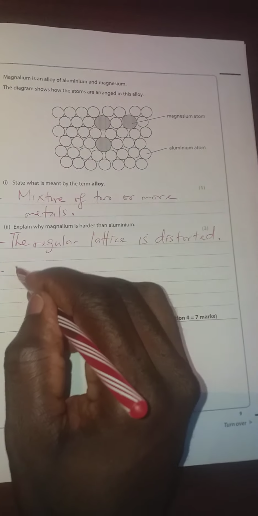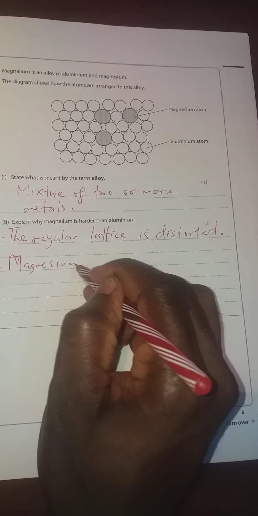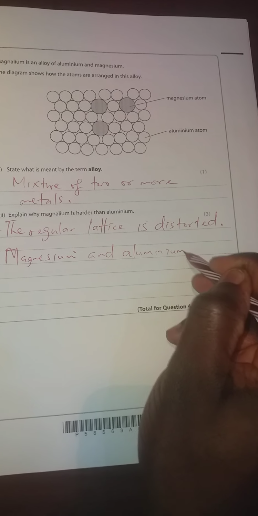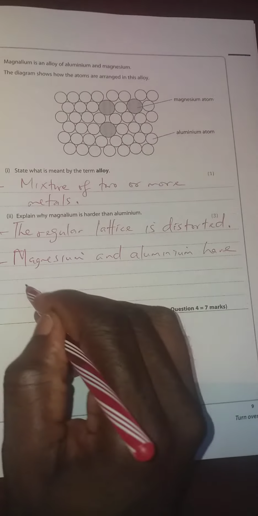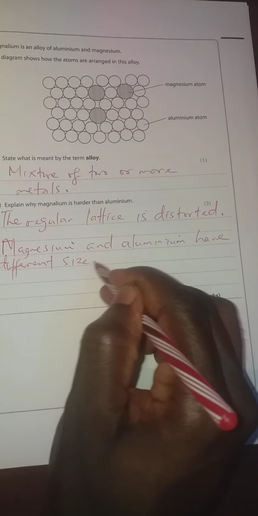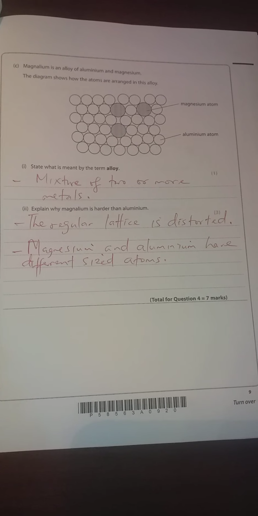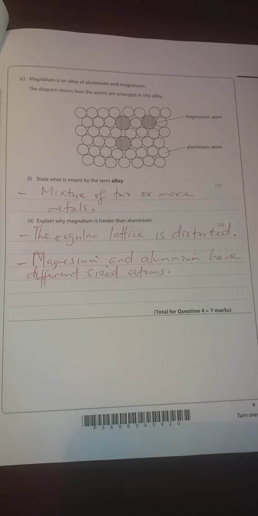Why? Because magnesium and aluminium have different sized atoms. So the regular lattice is distorted or disturbed.